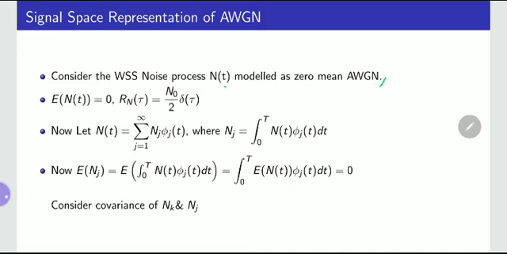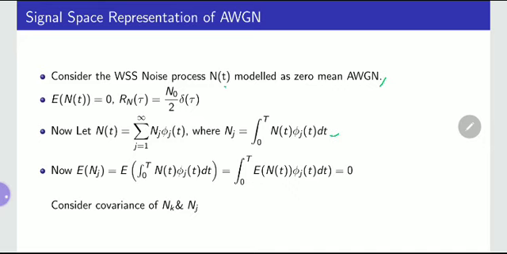Now let us model n of t as the sum over j equal to 1 to infinity of nj into phi j of t, where nj is the coefficient, that is, the projection of n of t on phi j of t. Here all the integrals will be taken from 0 to T, which is our observation interval.